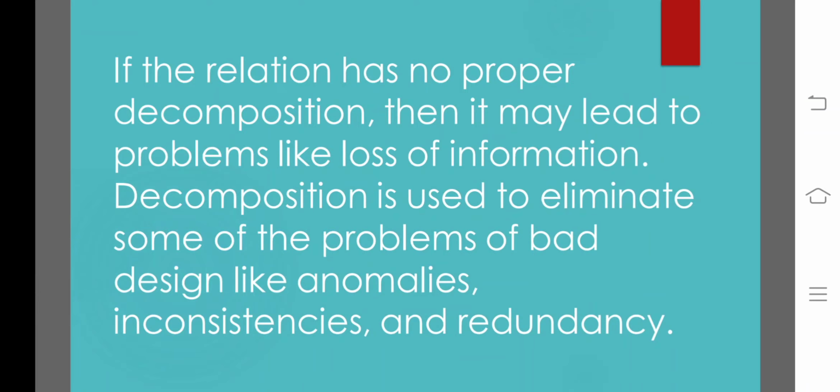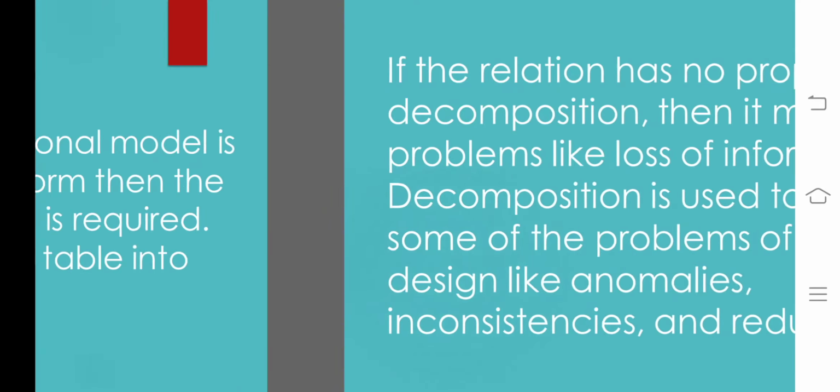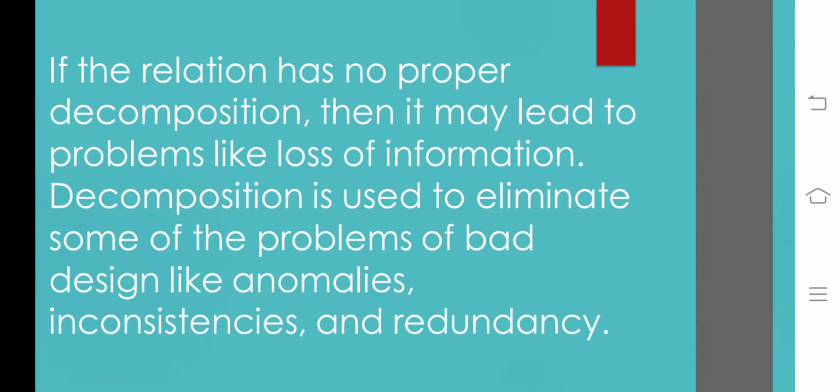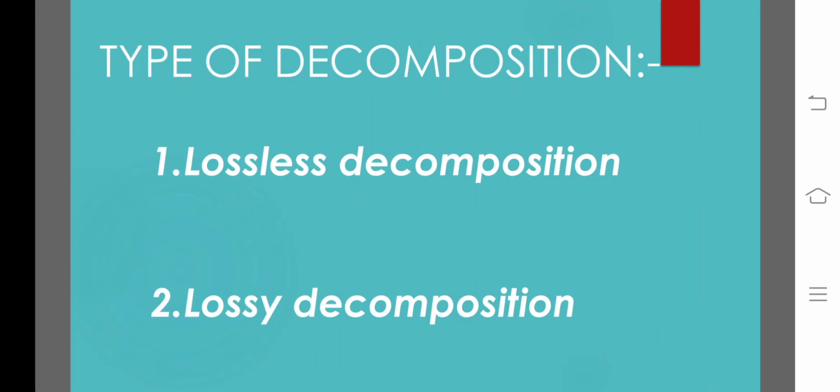If a relation has no proper decomposition, then it may lead to problems like loss of information. Decomposition is used to eliminate some of the problems of bad design like anomalies, inconsistencies and redundancy.